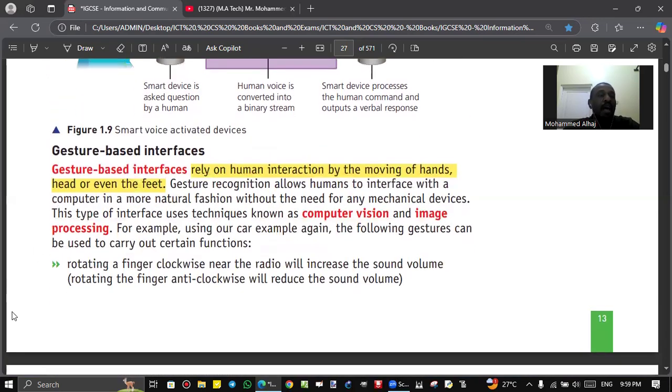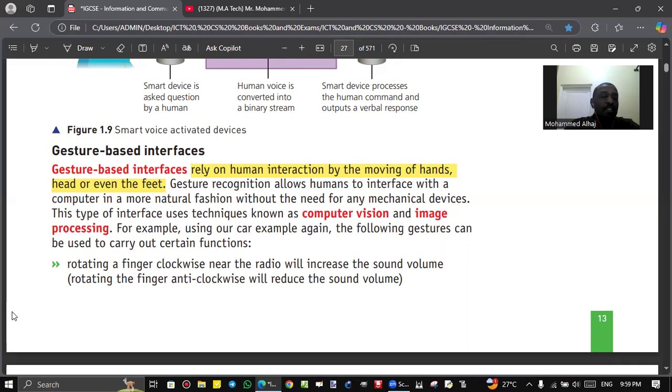The last type is called the gesture-based interface. This interface relies on human interaction through the moving of the hands, head, or even the feet. So it depends on human movements.